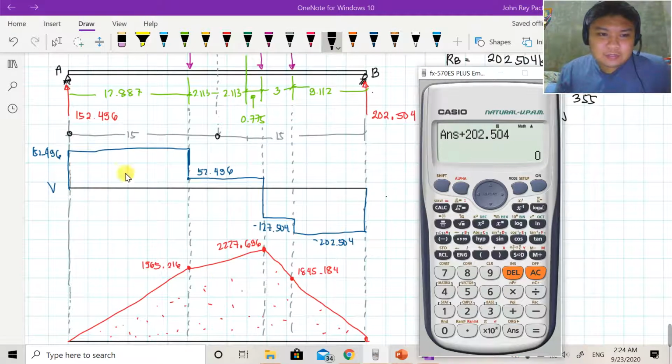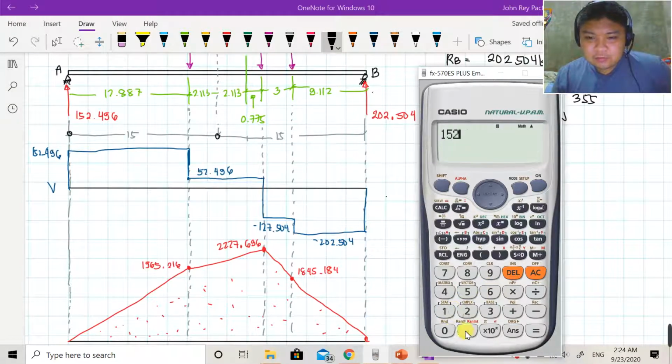And for the case of moment, let us start with how we find the moment. The first step, of course, is to compute the area: 152.496 multiplied by 12.887, class. Remember, the length of this triangle is 12.887. So, therefore, that is 1,965.216, class. Okay? Next, since this is still a positive area, plus 52.496.